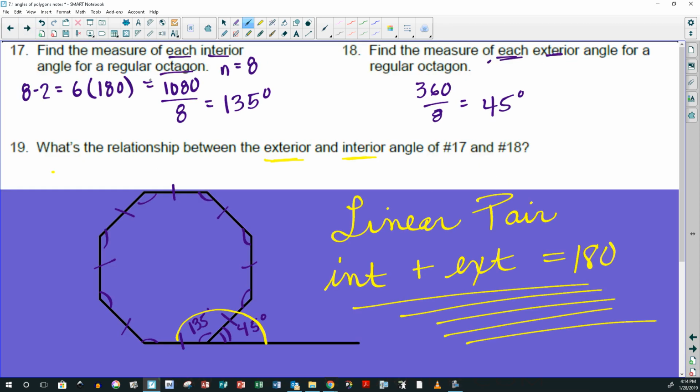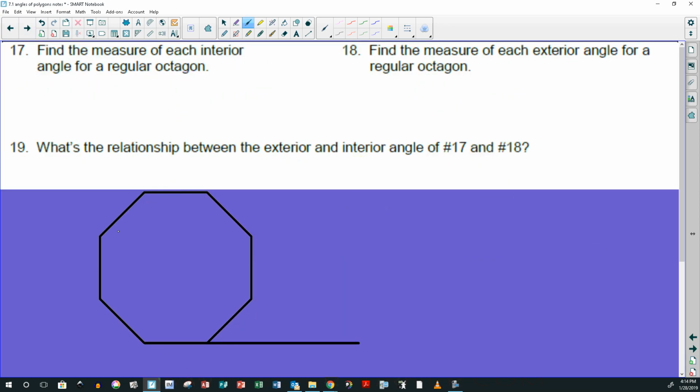All right, our last step here. We're going to find the measure of each interior angle of a regular octagon. That means n is 8. Here we have an octagon as well, so n is 8 for both of these. To find the interior, I have to find my total.